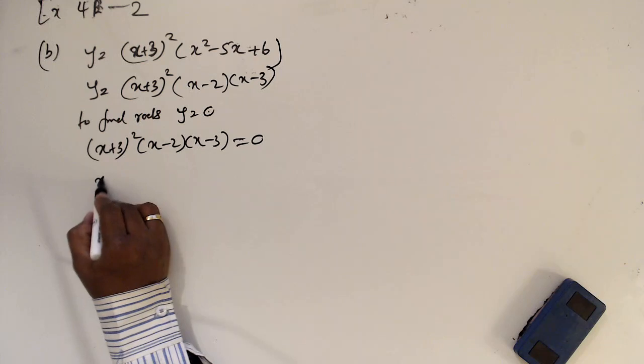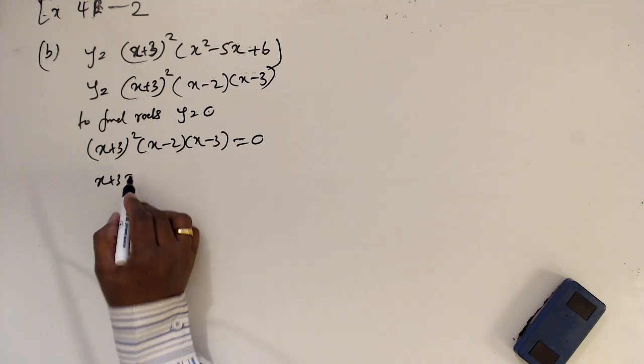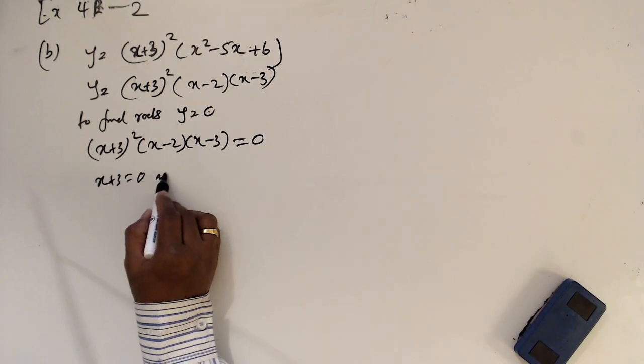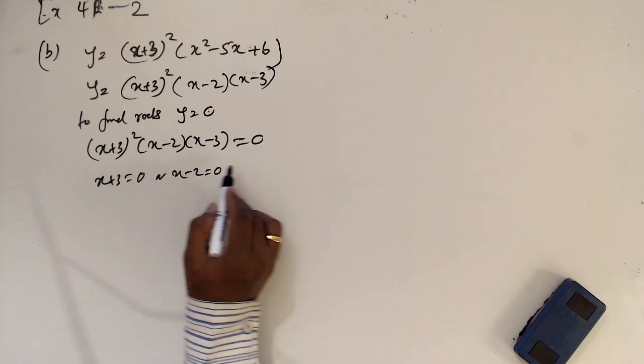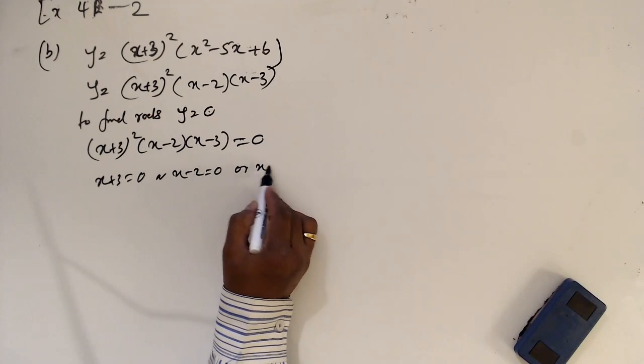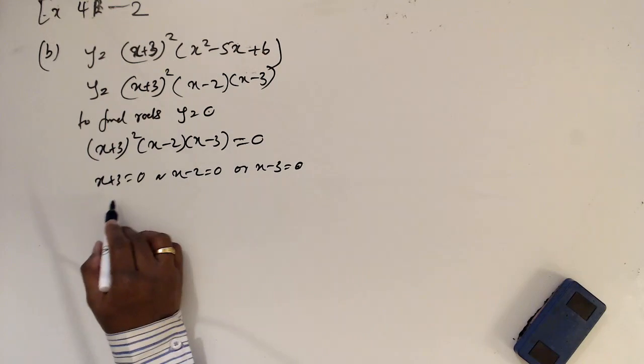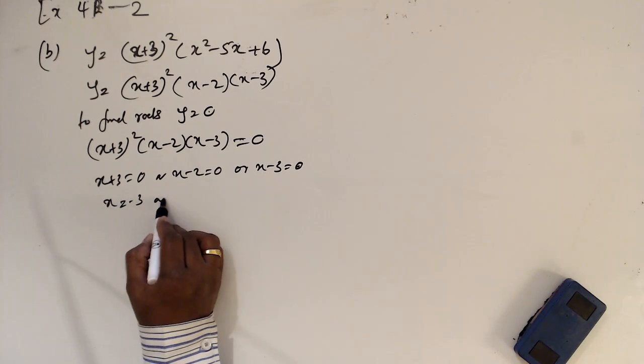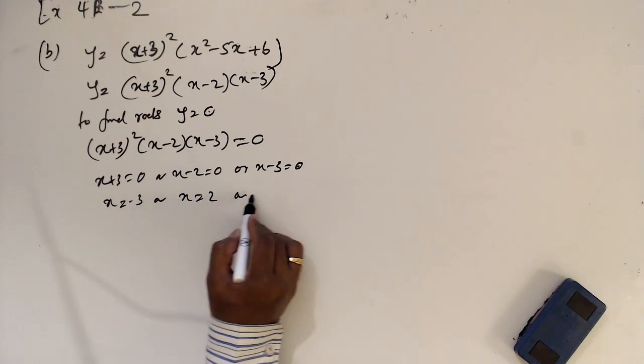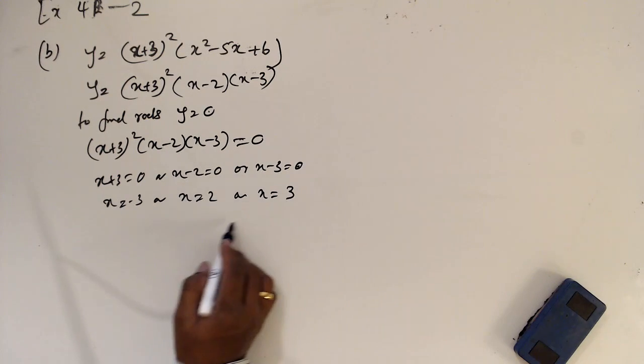So x + 3 = 0, or x - 2 = 0, or x - 3 = 0. x = -3, or x = 2, or x = 3.